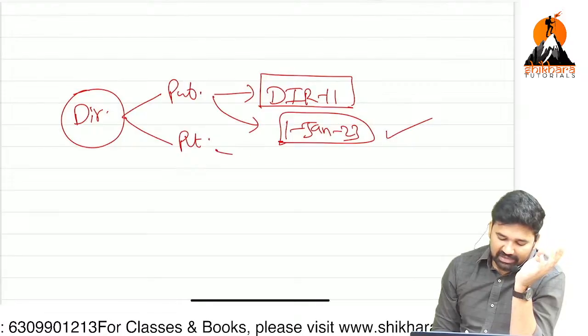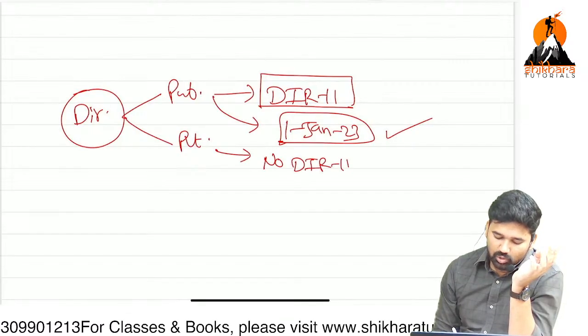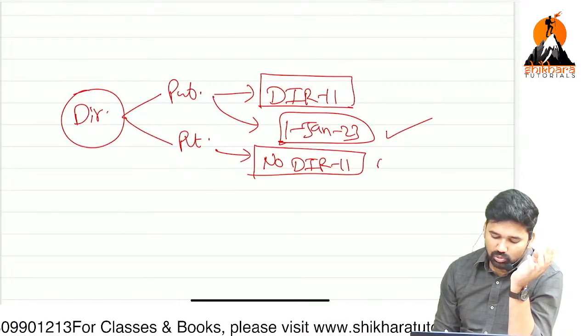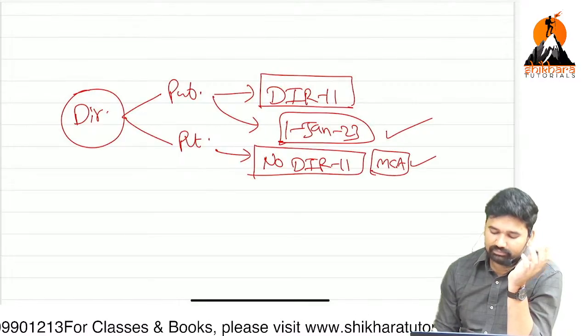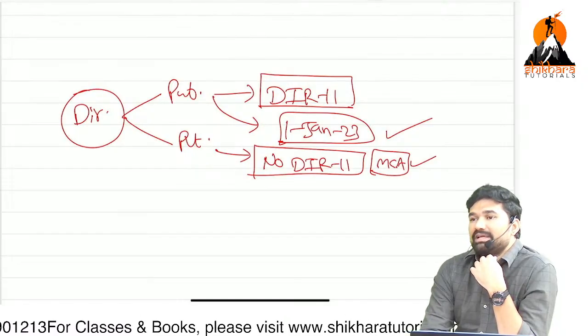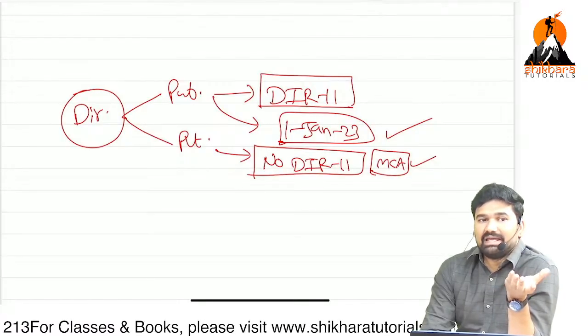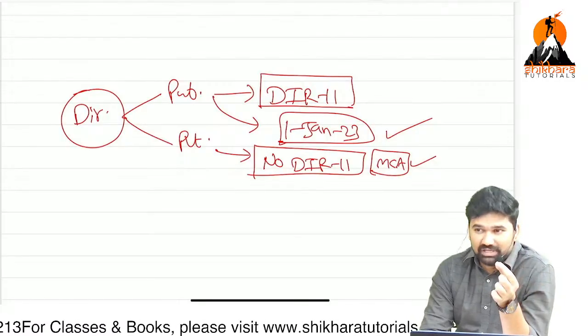If it is a private company, there is no need to submit DIR 11 to MCA. The Companies Act rules have clearly exempted private companies from the requirement of filing DIR 11. But listen carefully.